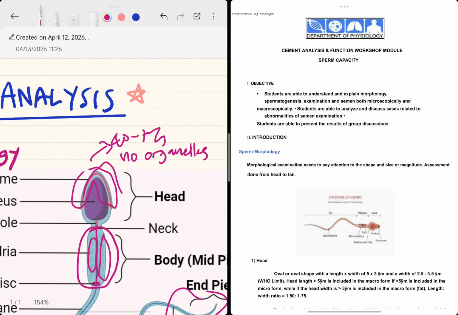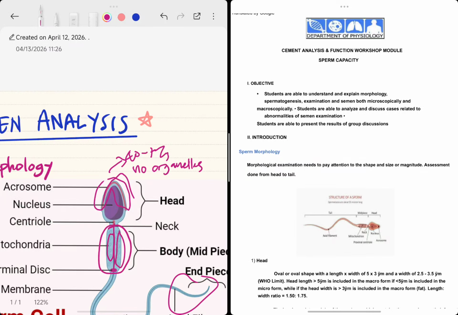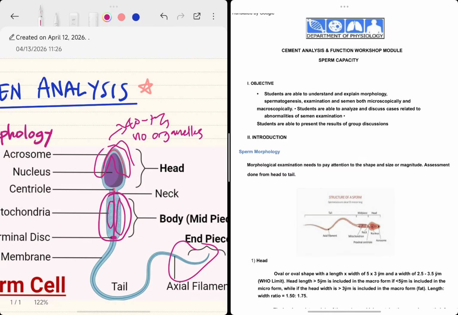Because of that, we have some abnormalities if the shape is very small or irregular, or contains chromatin, vacuoles, or septa. As we know, it doesn't have organelles, but if it does, it is considered abnormal.